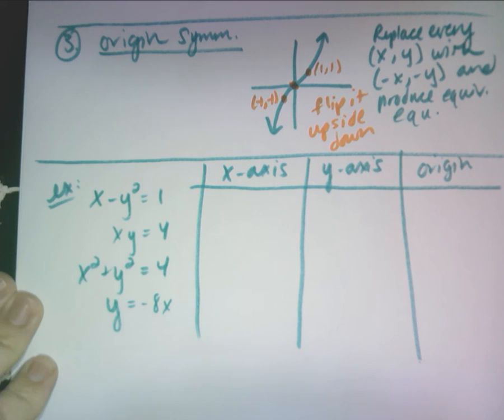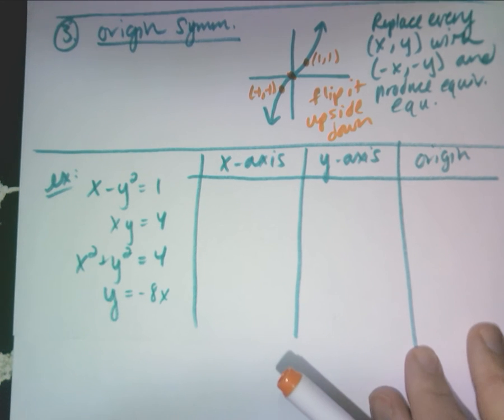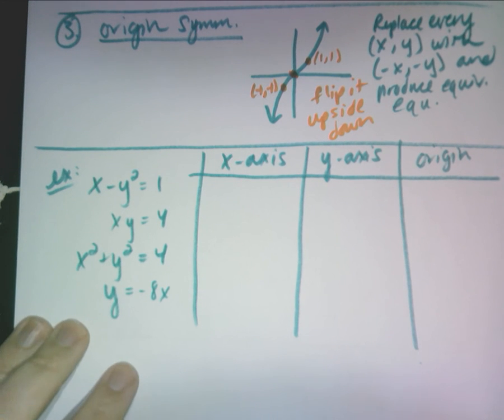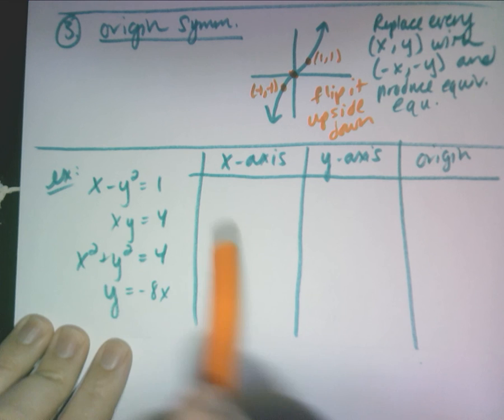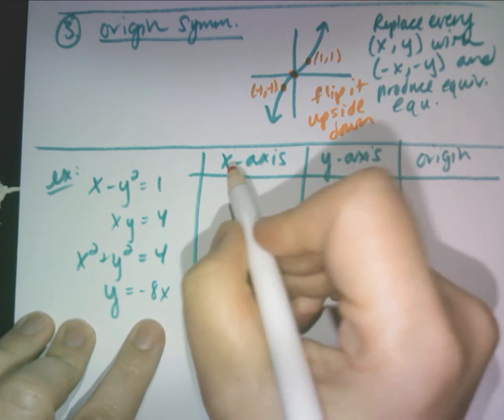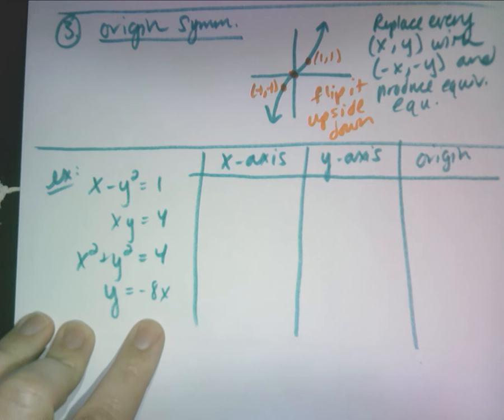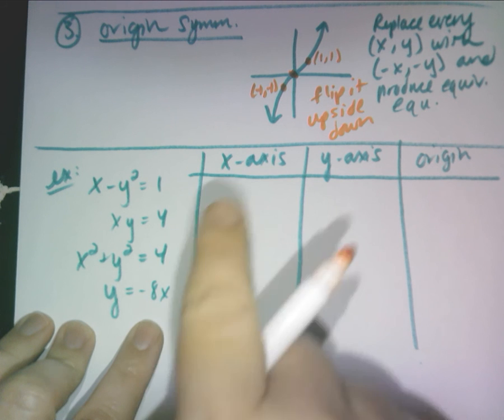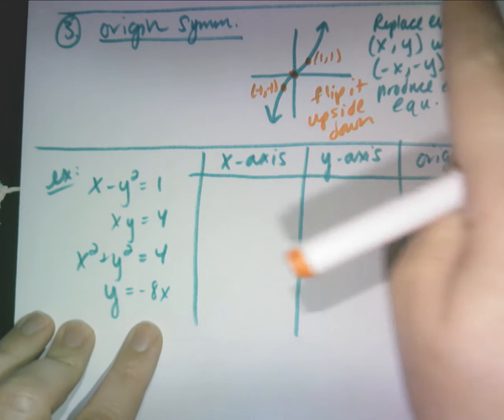And hopefully, you'll find yourself a little trick. It'll make sense in a minute. So we're going to start with this one. And sometimes when I do this, I always give myself a little clue. Like if it's x-axis symmetry, what am I plugging in for y? To find x-axis symmetry, read what's above it.